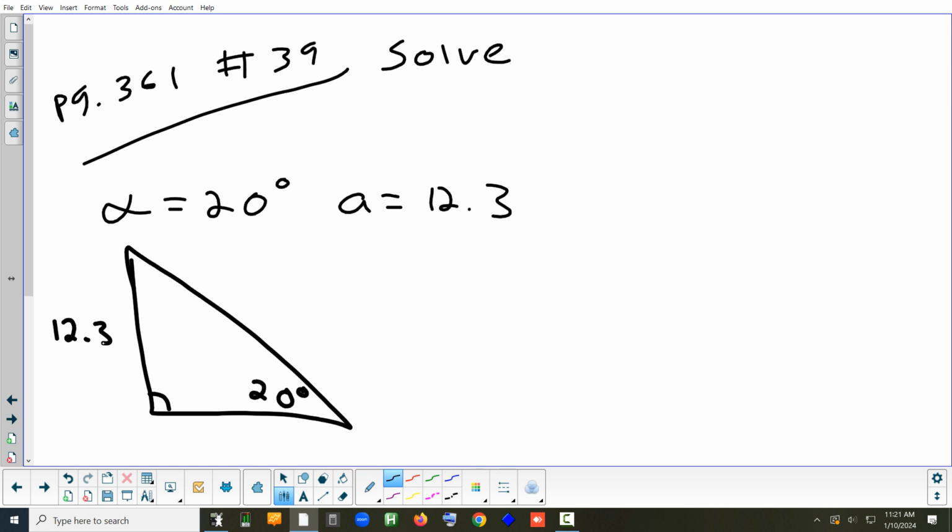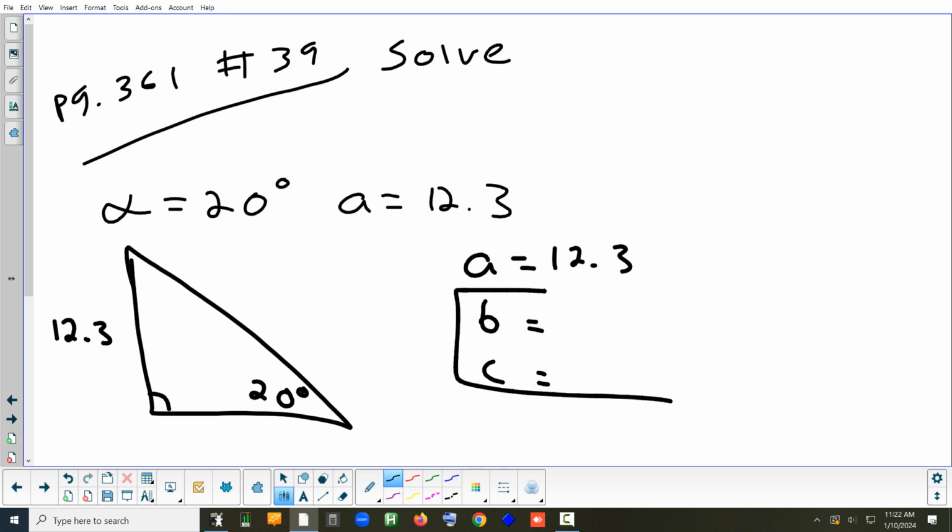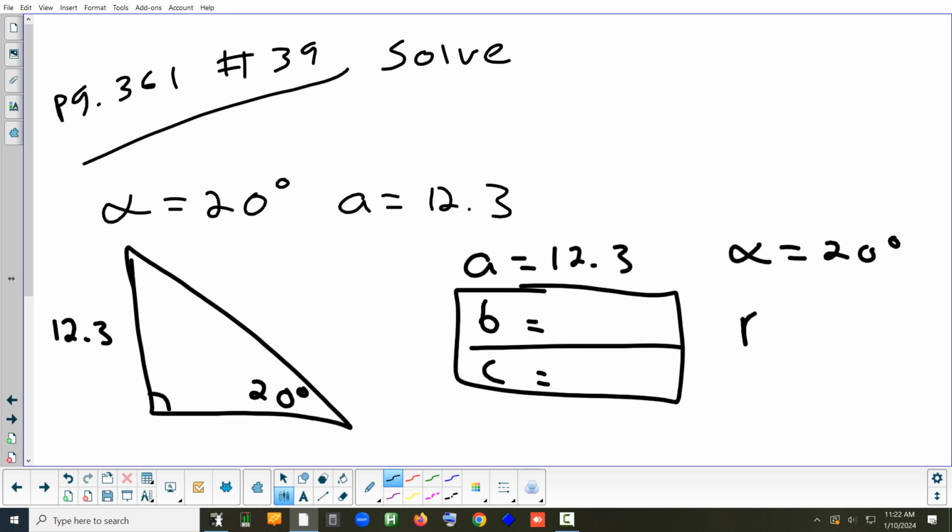Okay, so let's make a table. A we know is 12.3. B and C, we don't know those. Alpha, yep, that's given. And is beta given?